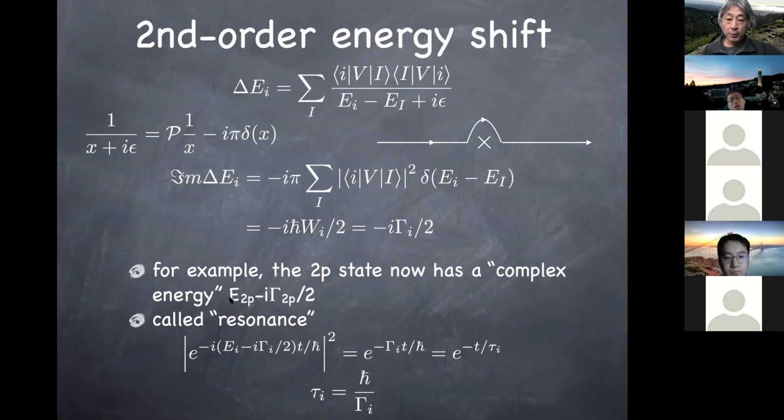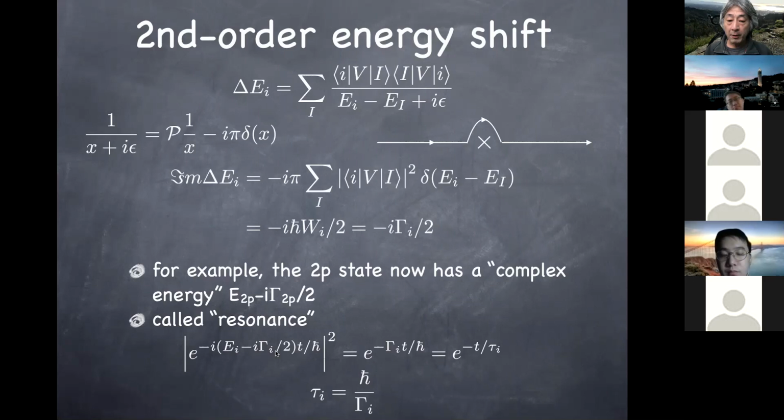First of all, once the energy is complex, the usual behavior of the solution to the Schrödinger equation is that you get a phase of the wave function that goes like e to the minus i energy times t over h bar, right? That's the solution to the Schrödinger equation for the stationary solutions. But now that the energy is complex, I have to also put this imaginary part into the time dependence of the stationary state.